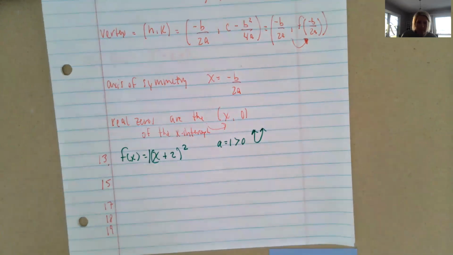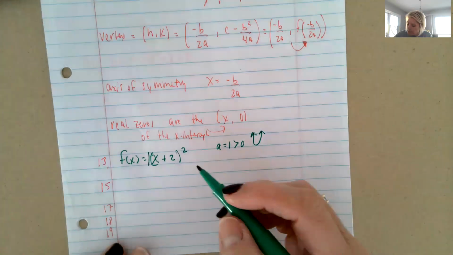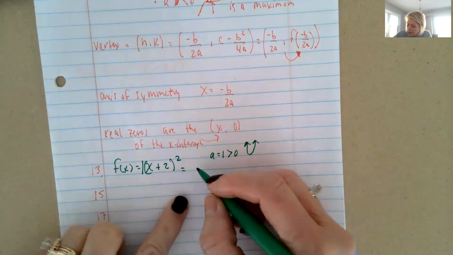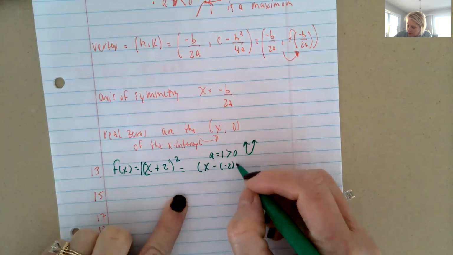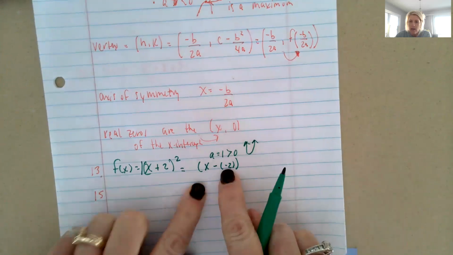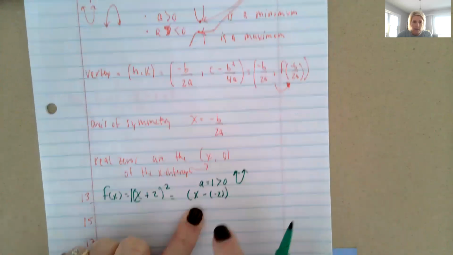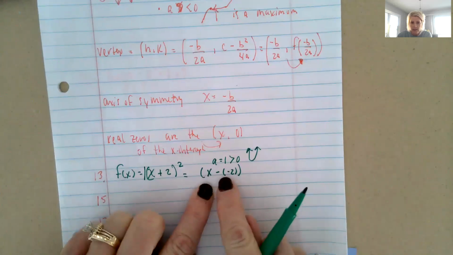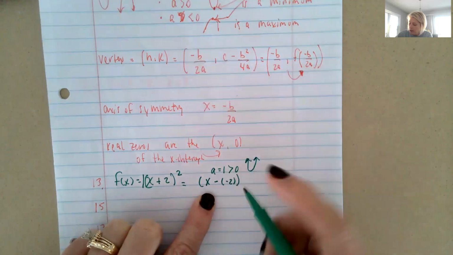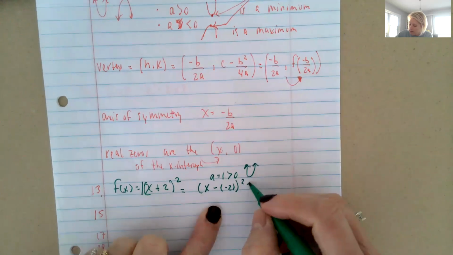Also, we can write it in the vertex format, which is x minus h. So we have to write it as a negative. So x minus, so h is -2, and that's squared plus 0, right?